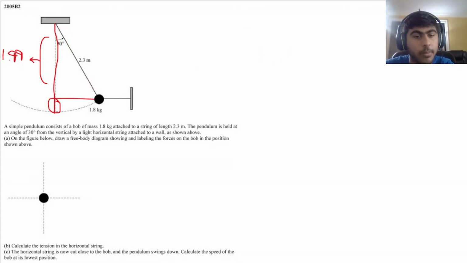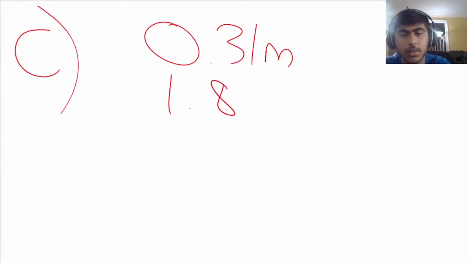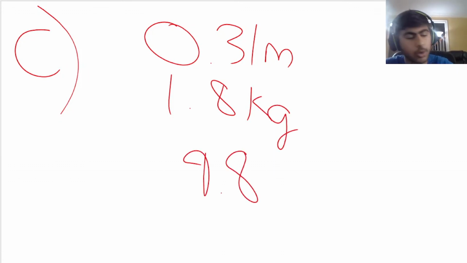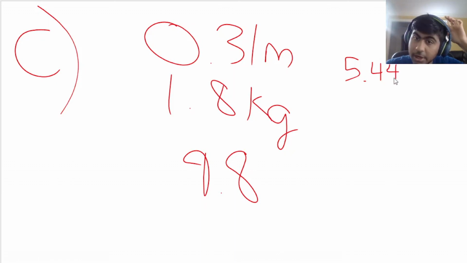So now we have mass, 1.8 kilograms, and the acceleration due to gravity, 9.8. We multiply all of those together, and we get 5.44. And that is the amount of energy that this has.